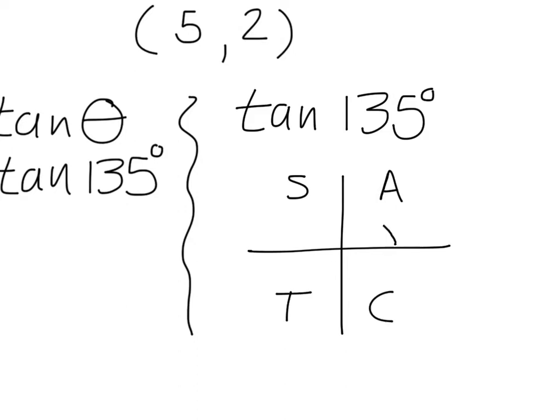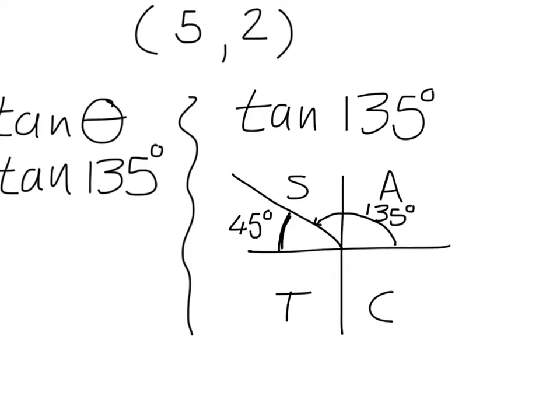If we measure 135 degrees, that would take us round to the sine quadrant, somewhere in here. So we don't need a calculator. We can use our exact values table to work out the angle, because we know that the angle associated with 135 is 45 degrees, this one in here.